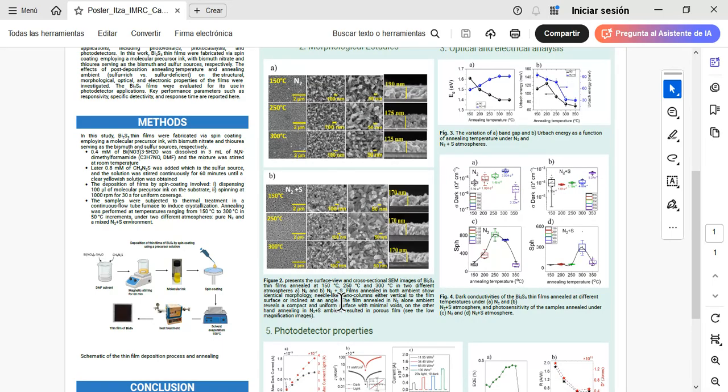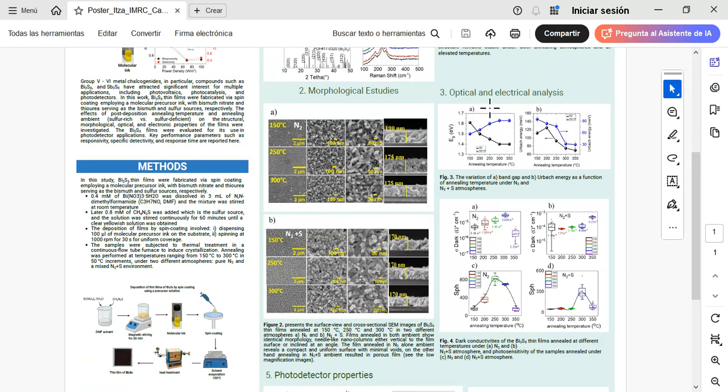Under nitrogen plus sulfur atmosphere, the corresponding images reveal a denser and more compact film morphology. In contrast, particularly for films annealed at 215 degrees Celsius, nitrogen shows a more pronounced root-like structure.